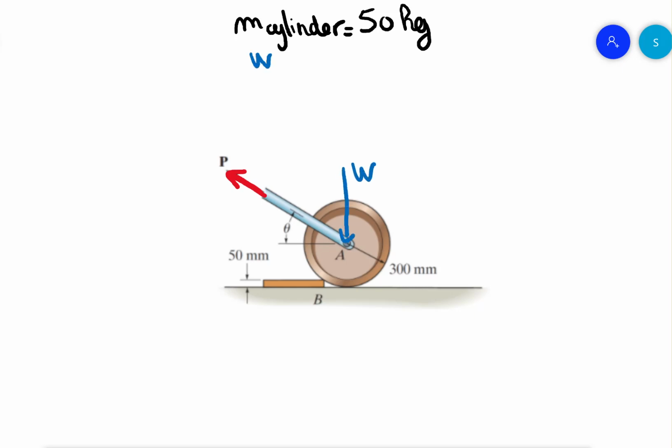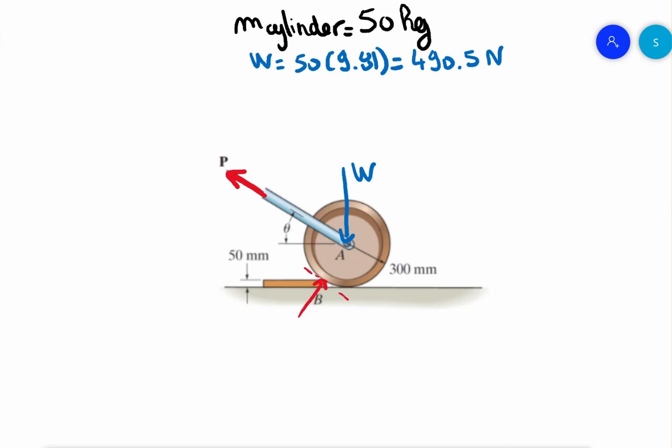So let's find the weight: 50 times 9.81. That's 490.5 Newton.